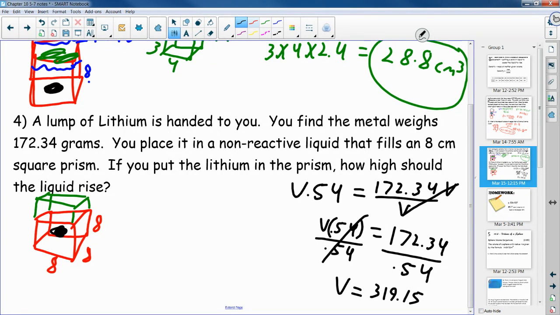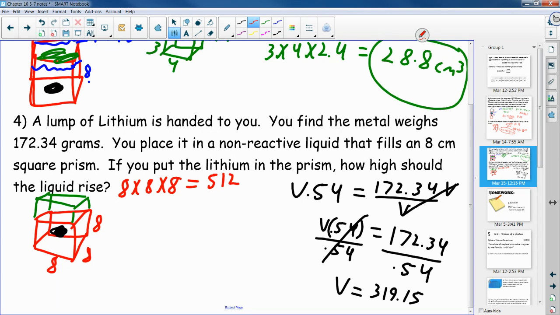Well, how does that help us? Well, the volume of this box now, we need to know what that originally was. So we go back to our red box over here to find the volume, the 8 times 8 times 8, which will give us an answer of 512. So our original volume was 512.